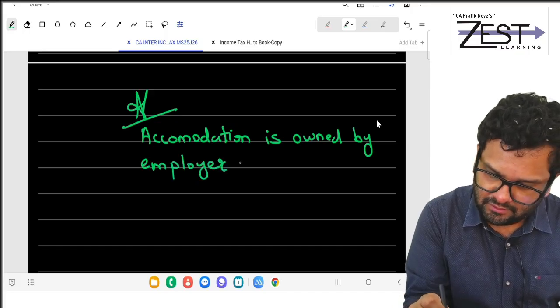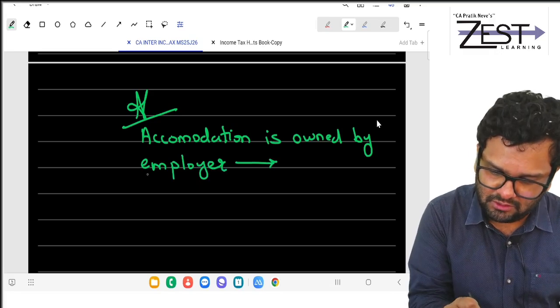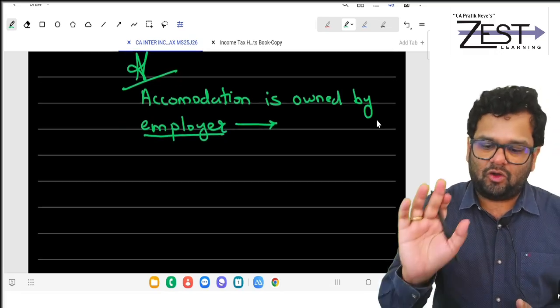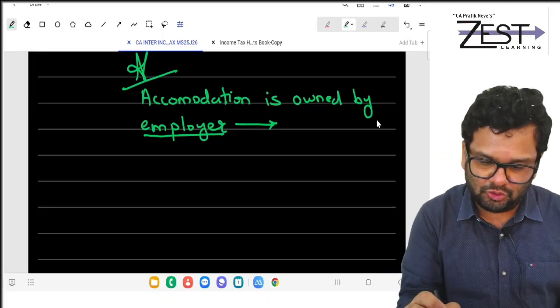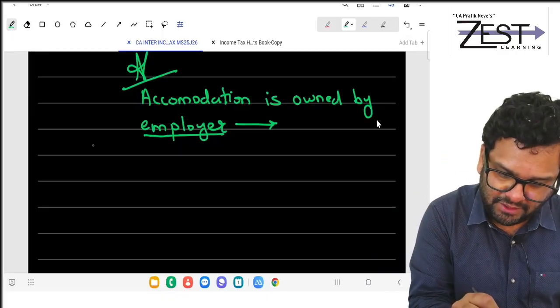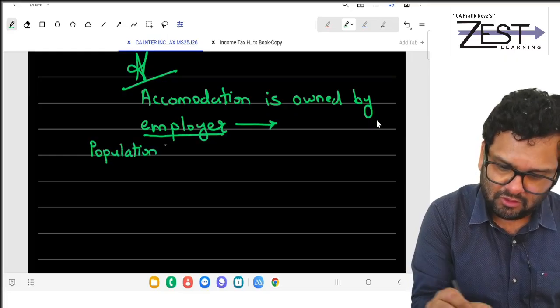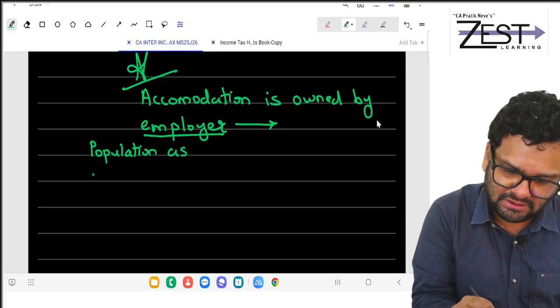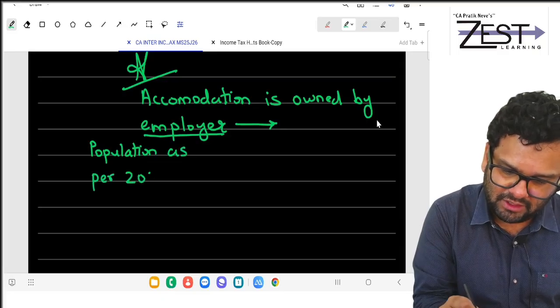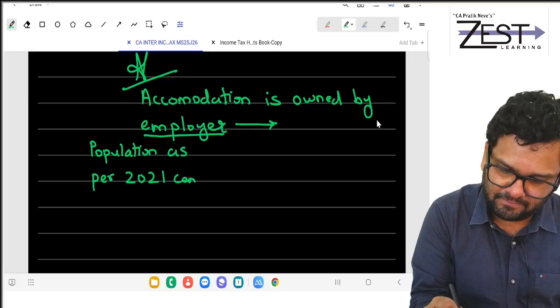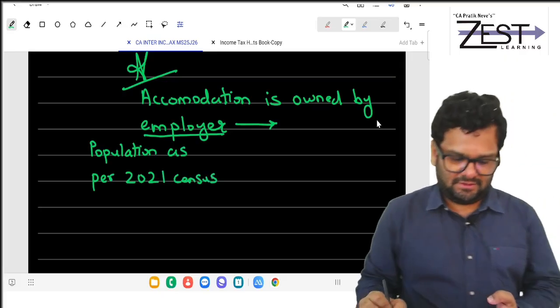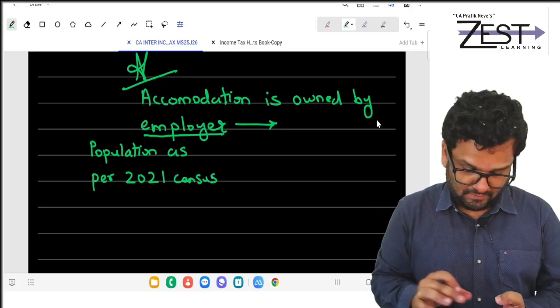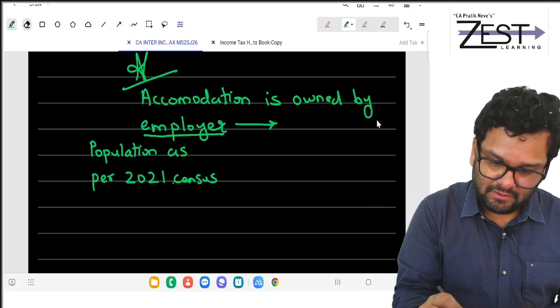Friends, there is a change in this rule, and of course we are looking at the changed rule only. It depends on the population as per the 2011 census.